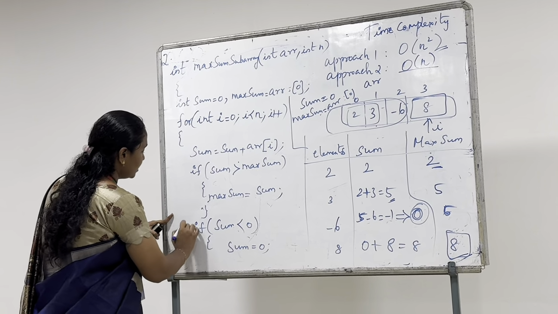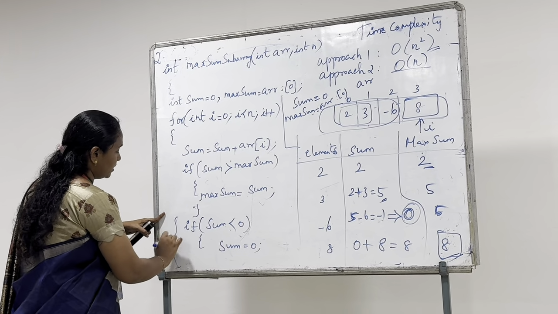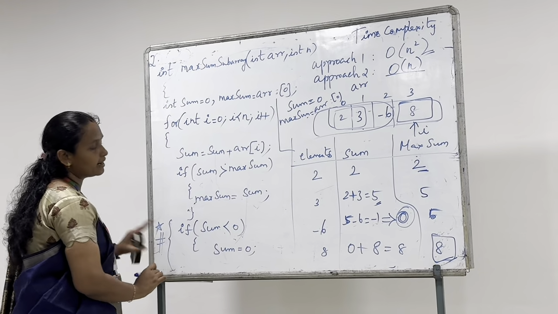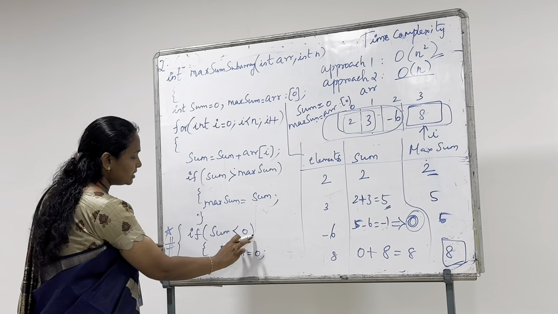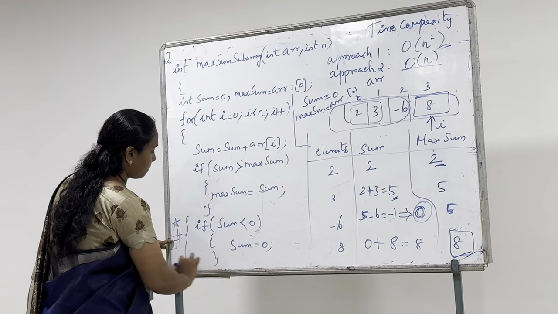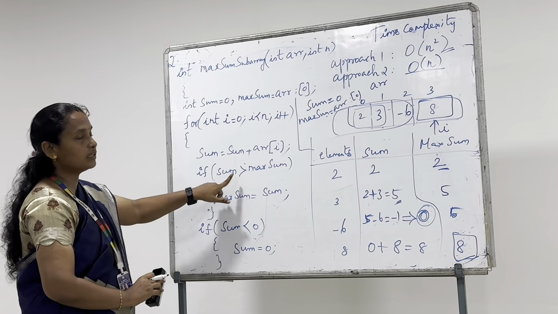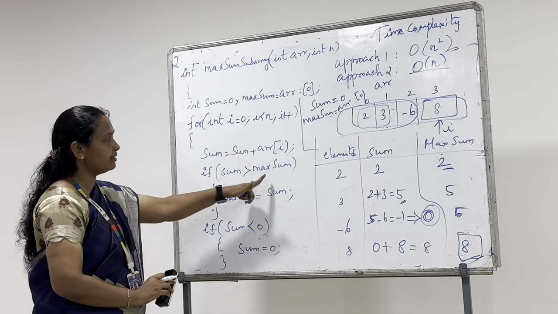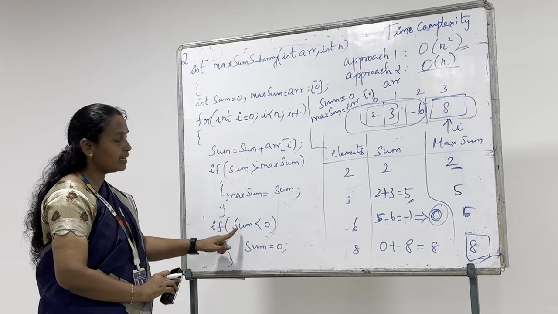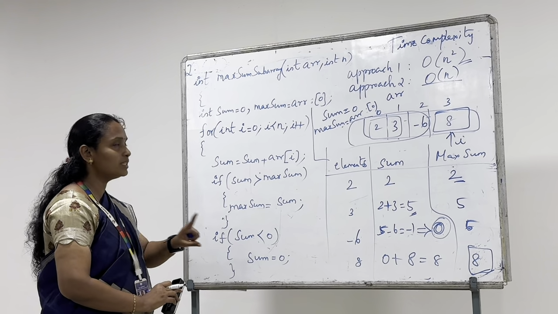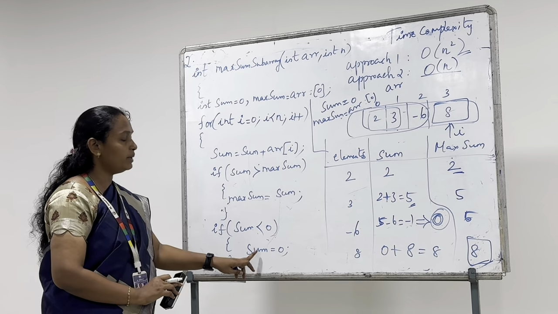This is the important part in Kadane's algorithm. So if sum is less than 0, sum should be 0. So here we need two comparisons. One is like the previous approach, sum should be greater than maximum sum, and the second comparison in Kadane's algorithm is that the sum should not be negative, so we make the sum 0.